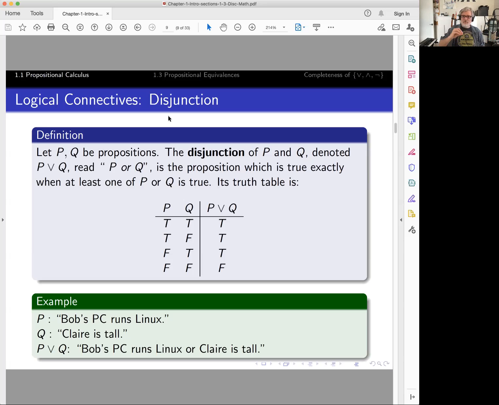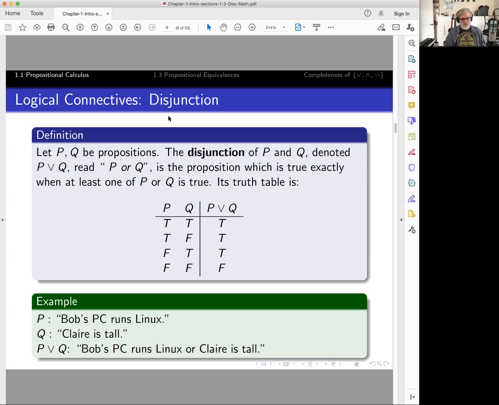We'll talk about that a little later, but you have to be careful with that. But here it's important. The standard disjunction in mathematical logic is not exclusive. So P or Q is true as long as one of P or Q is true. If both are true, it's true. Okay. As you can see from the truth table definition there. So the only way it is false is when both P and Q are false.